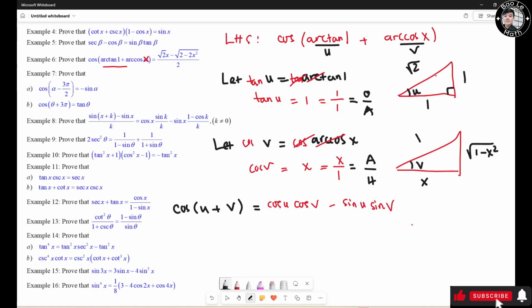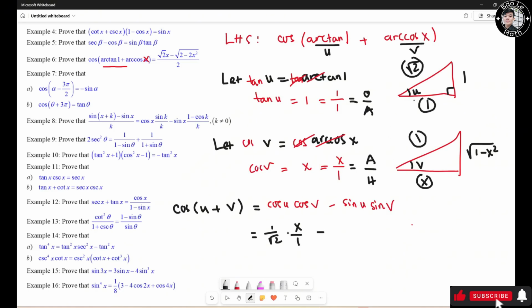Now I look at this right triangle right here. Cosine of u equals adjacent over hypotenuse. Adjacent is going to be 1. Hypotenuse should be root 2, right? So this should be 1 over root 2. Cosine of v is going to be adjacent over hypotenuse 1, so it should be s over 1, right?